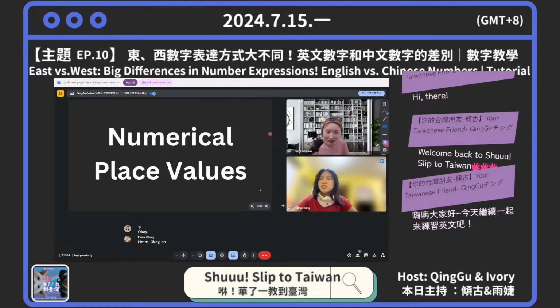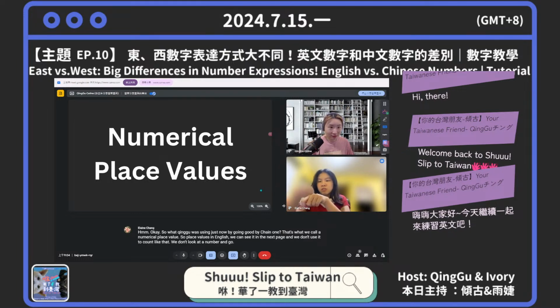Okay, so what Qinggu was using just now by going 个十百千万, that's what we call a numerical place value. So place values in English, we can see it in the next page. And we don't use it to count like that. We don't look at a number and go 个十百千万. But we can use it to understand how number systems work in English. So that's why we're teaching it to you guys today.